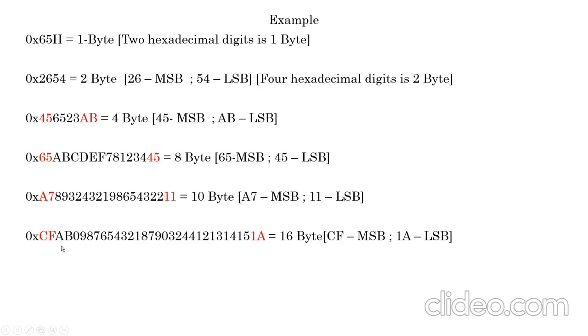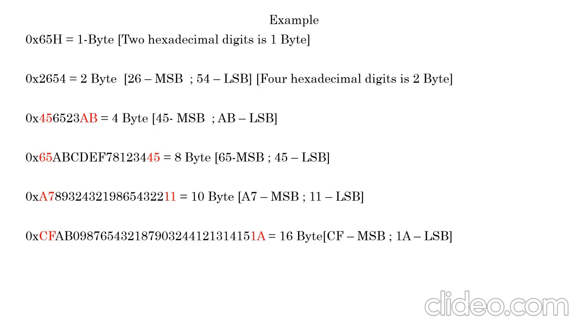And at the last, a 16-byte data is given. 16-byte data means it is totally 128 bits in length. Here CF is the most significant byte and 1A is the least significant byte. So a 128-bit data contains 16 8-bit values.